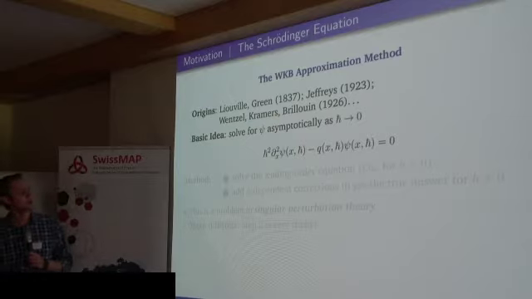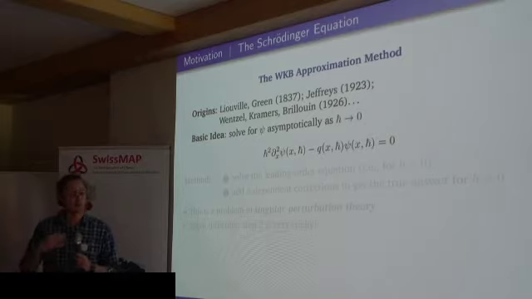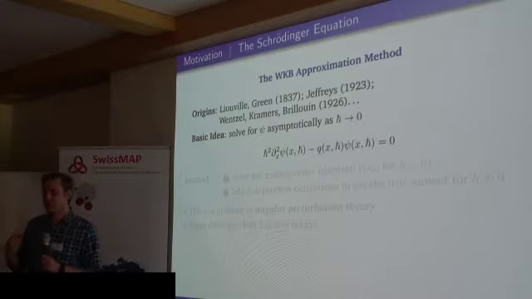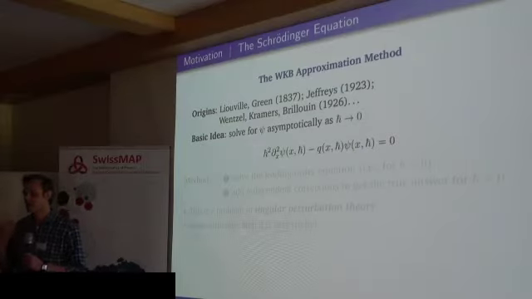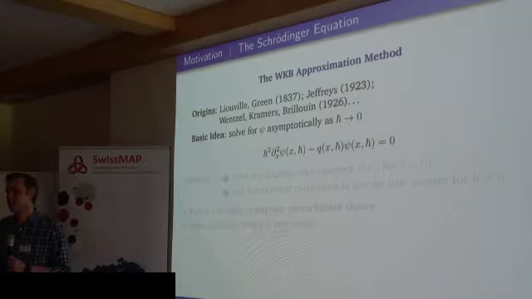The basic idea is that because we have this parameter h bar that we really want to keep track of, the idea is to try to solve the Schrödinger equation asymptotically as h bar goes to zero. In particular, that means, especially if I'm a physicist and to me h bar has some very specific meaning, that I have to do away with that notion and pretend that h bar is a parameter.